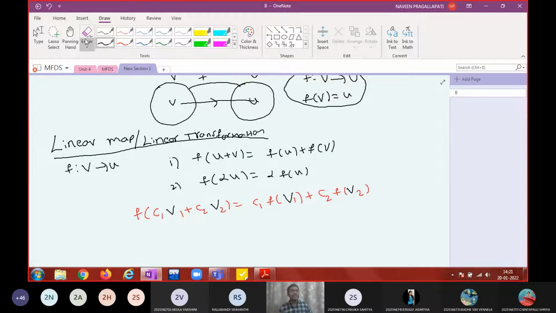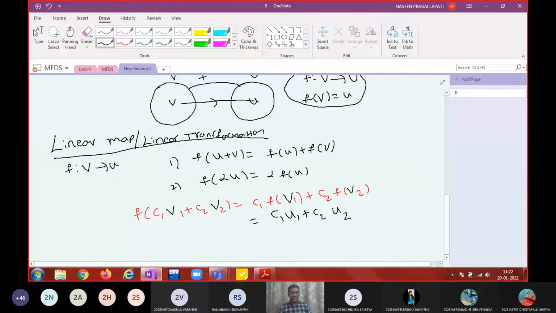So what it says: f of a linear combination of two vectors is the linear combination of the images of the two vectors. Okay, v1 and v2 are elements of V, f of v1 and f of v2 are elements of U, so this is nothing but c1 f(v1) plus c2 f(v2).